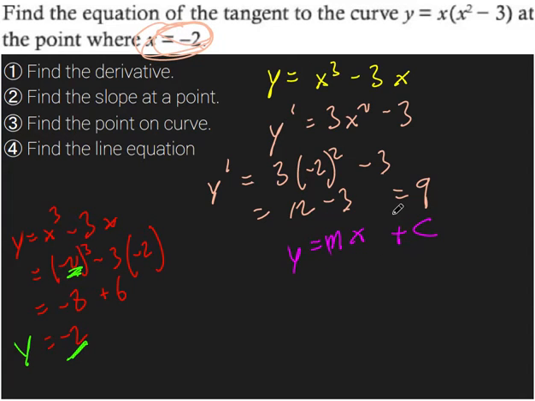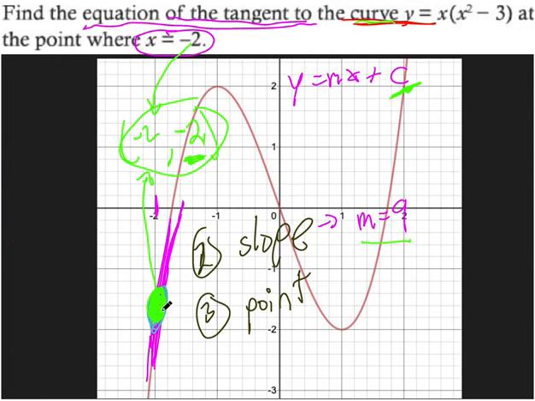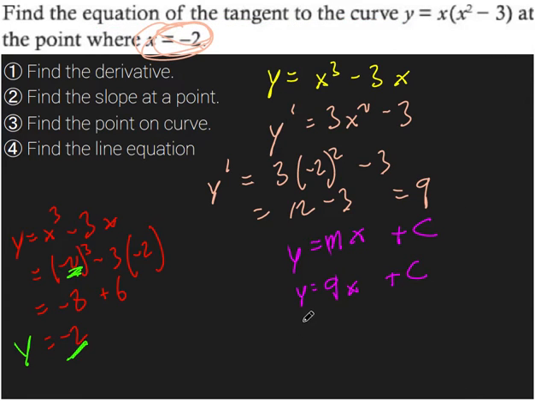I know m. At this point, m was 9. So y equals 9x plus c. And I know a point that falls on this line. Remember, this point is both on our tangent line, and it's on our function. So I'm going to replace y with -2. Slope is 9. Replace x with -2. Let's find c.